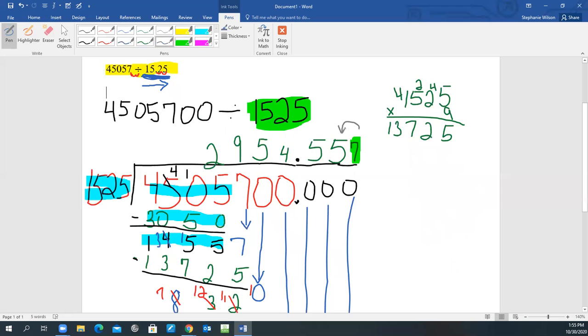Because I asked at the beginning of this division part to round to the nearest hundreds. So it's a simple yes or no. Is this 7 equal to or greater than 5? Yes or no? And it is. Yes, it's greater than 5, so it satisfied the question. So if it is, that means I'm going to add 1 to this hundreds place, and I'm going to drop this off.